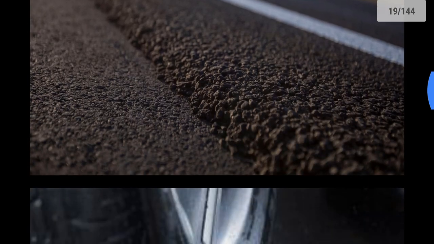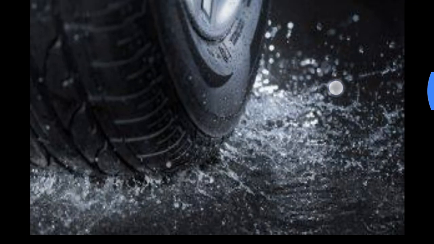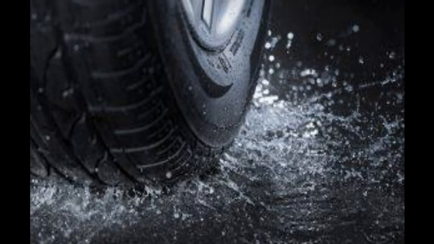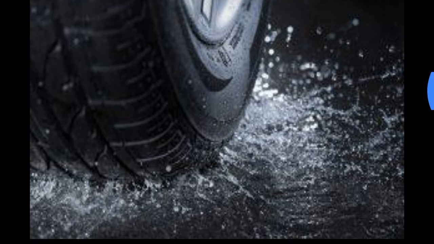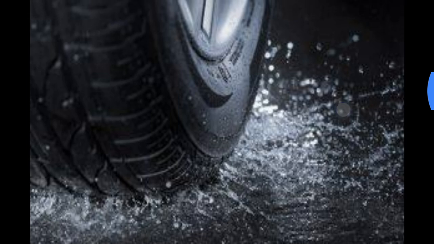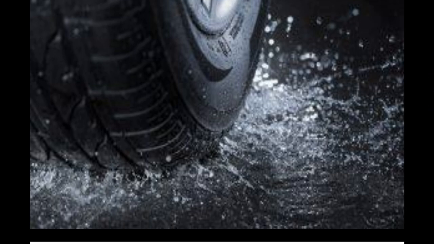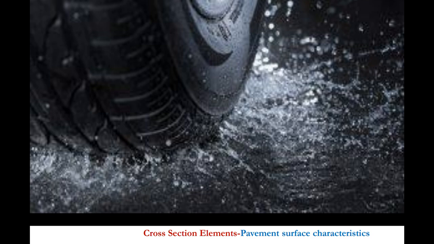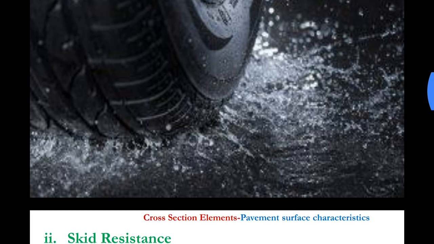Here in this figure you can see a wheel that has treads on it. In the wet condition, when the vehicle moves over the pavement surface, the water gets trapped in between these treads and proper contact is established between the tire surface and the pavement surface.